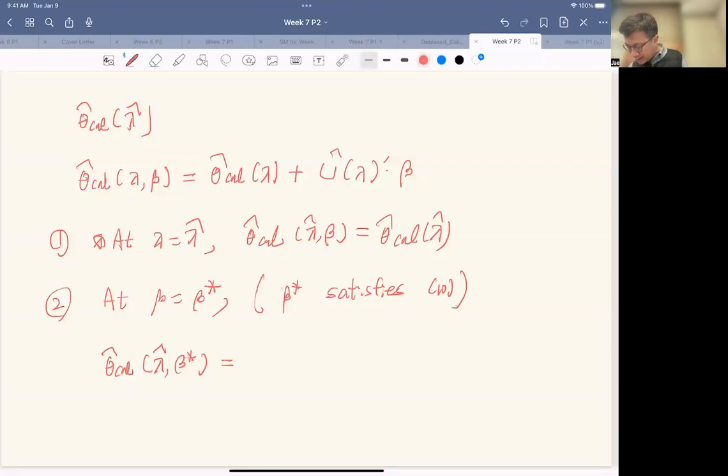lambda hat is approximately equal to this, which serves as the Taylor expansion.